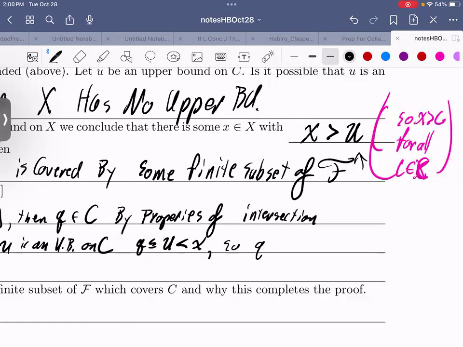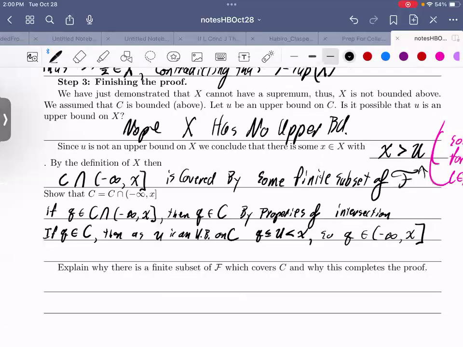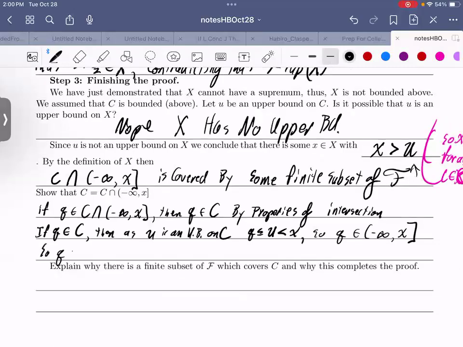So Q is in negative infinity to x. And I could put an open bracket there, but a close bracket will get me what I actually need. But it's in C and it's in there, so Q is in C intersect negative infinity to x. Thus, C is equal to C intersect negative infinity to x.